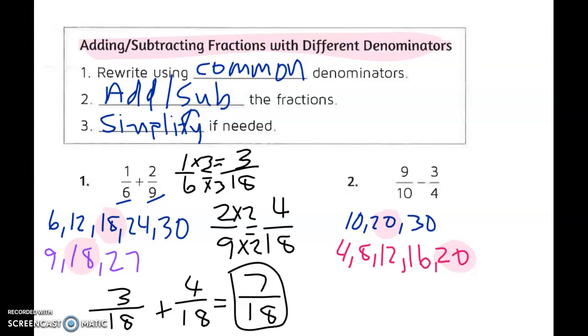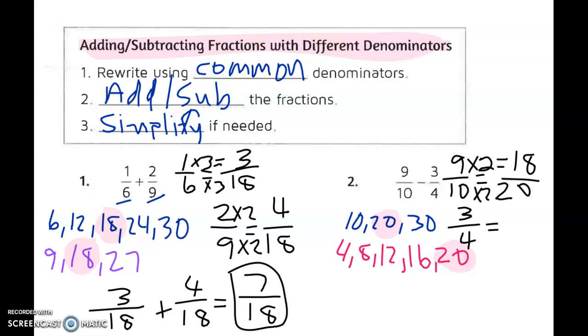So now all we have to do is change those up to where they have a denominator of 20. Let's start with 9/10. We want that to have 20 as a denominator. Well, from 10 to 20, you just multiply by 2. So we're going to multiply 9 by 2, and we get 18/20. And if we do the same thing with 3/4, we want it to be a 20.